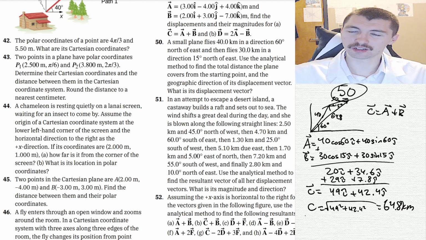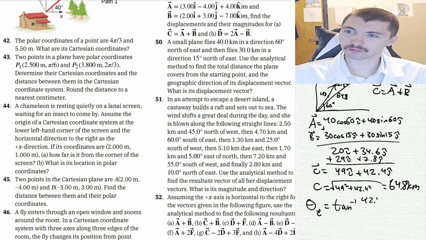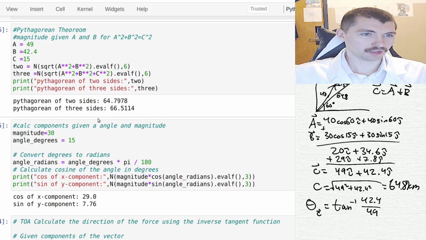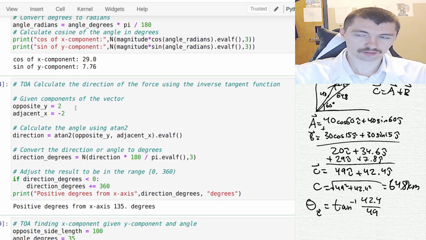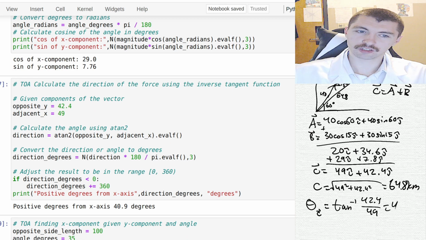That shouldn't be too bad. So theta of C is 49 degrees.